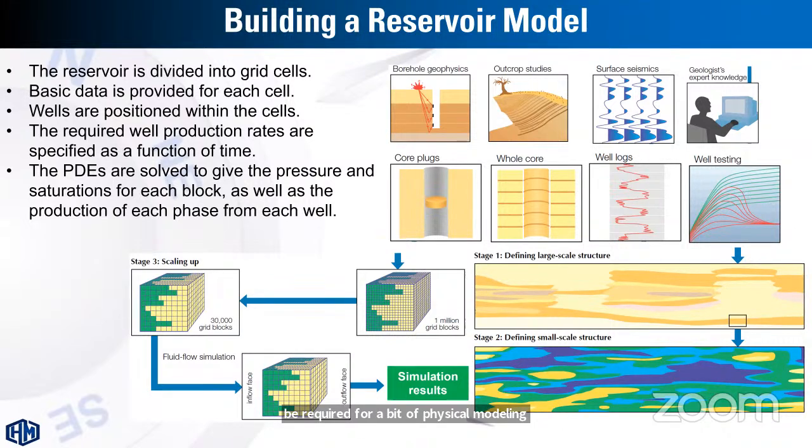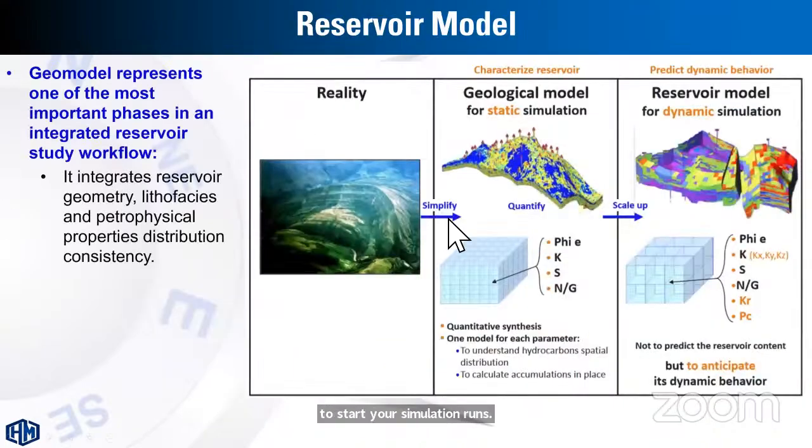Once we have a valid or applicable 3D grid, you can define the rock physics data to define a dynamic model or dynamic grid to start your simulation runs. So the model, as mentioned before, is to divide your reservoir into grid blocks or grid cells.